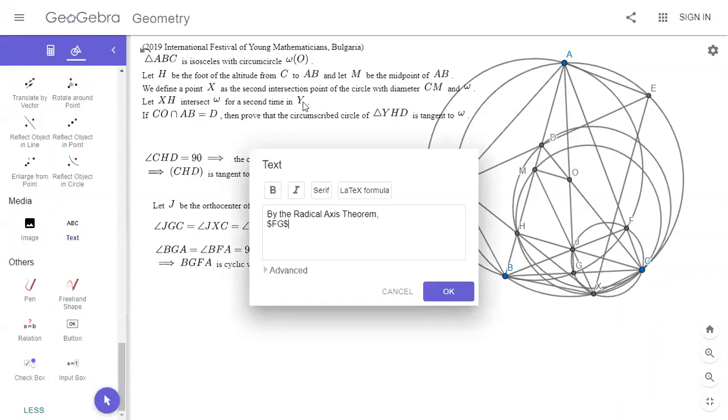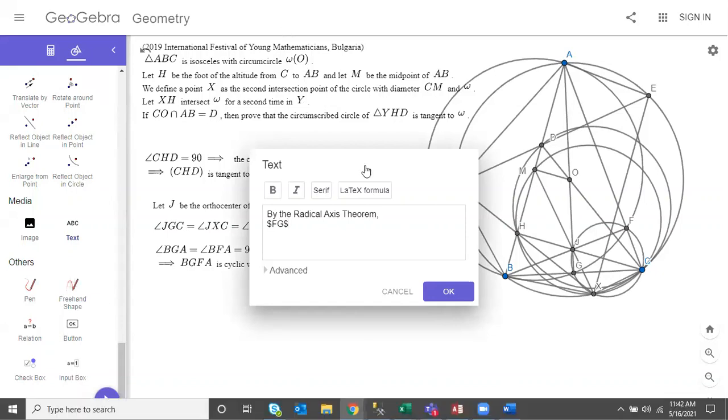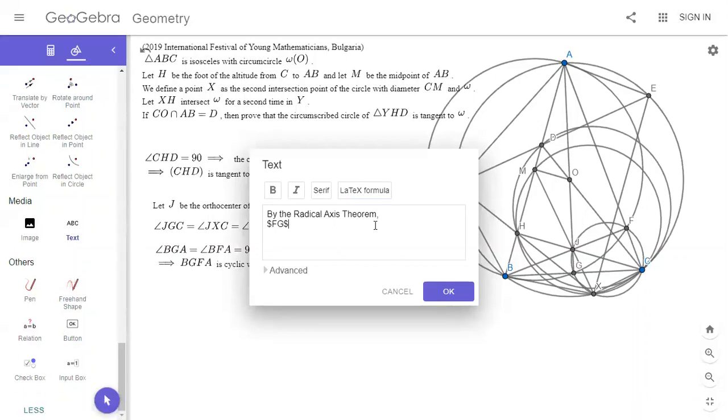BXY is equal to MCA. But write out some more steps. I don't see exactly how you're doing it. Write out the full angle chase.